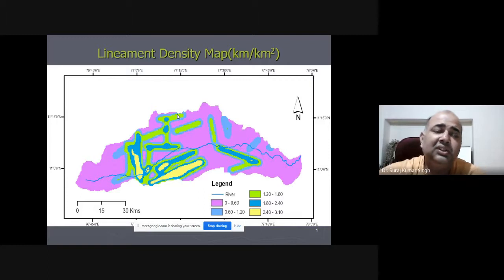So you have to identify the different lineaments and the different fractures from where seepage will occur. The more the lineament density value, the more the possibility of recharge into the underground water table in that area. So using satellite images and GIS, we'll be identifying each and every lineament existing in that area.